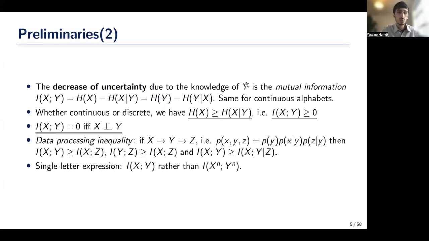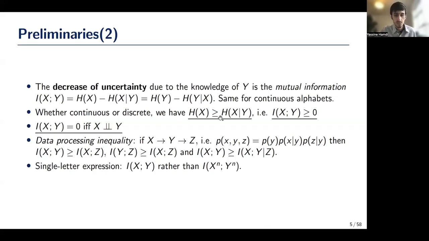But whenever we know the exact value of Y, the uncertainty about X decreases, and that decrease is the mutual information. Just so you know these things exist, you don't have to remember any of the details to understand what I'm going to talk about next.